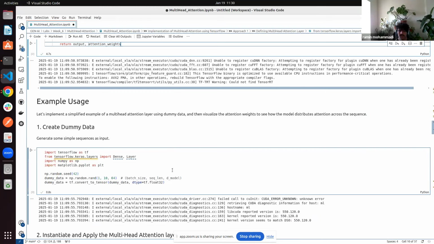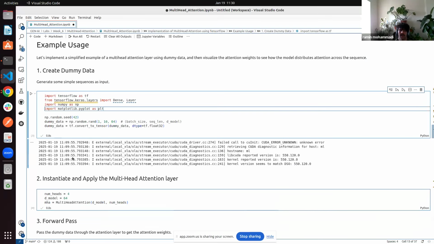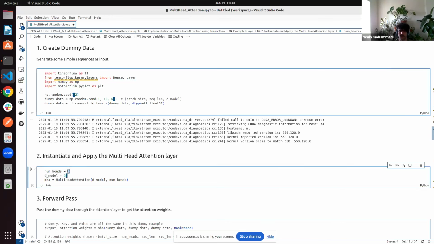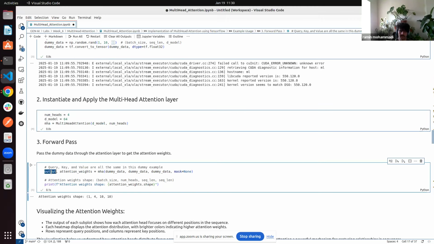So let's make one example. Here we create some dummy data, and we define that we are going to have 4 heads in the multi-head attention. The depth of our data is 64, as we defined here. We pass that to our multi-head attention model and do a forward pass, asking it to give us the output and the attention weights.